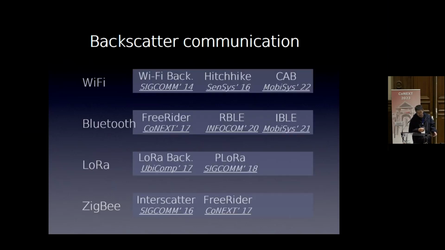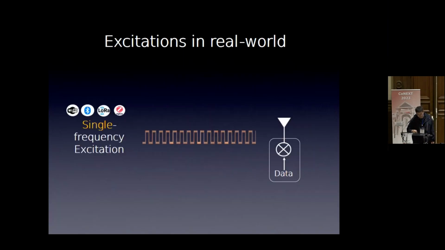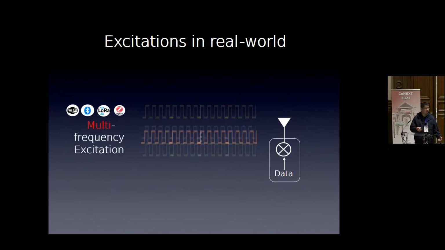In the past decade, researchers have made great progress on utilizing these ambient signals, like Wi-Fi backscatter, HitchHike, FreeRider, etc. However, in these state-of-the-art works, the excitations are all single frequency. In the real world, the ambient excitations are multi-frequency, especially Bluetooth signals.